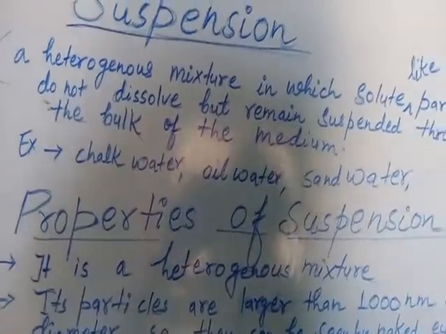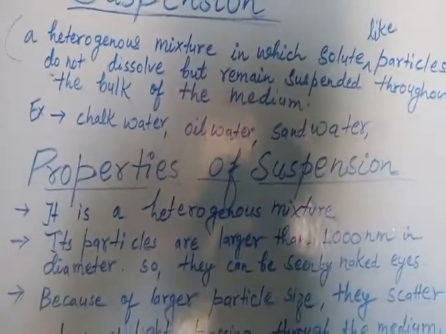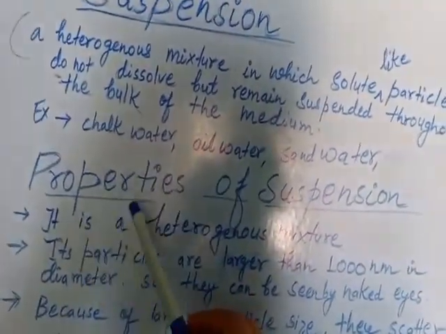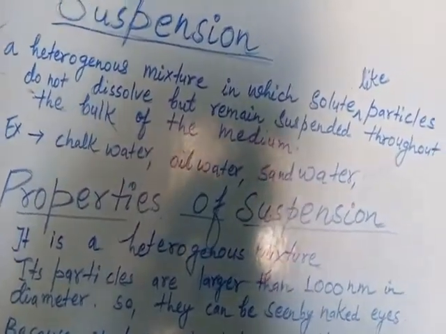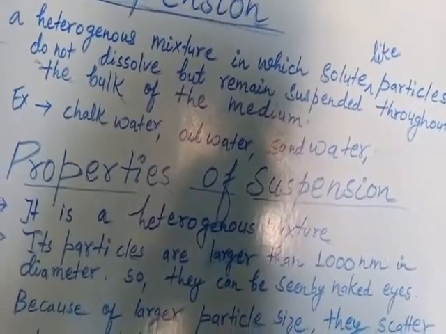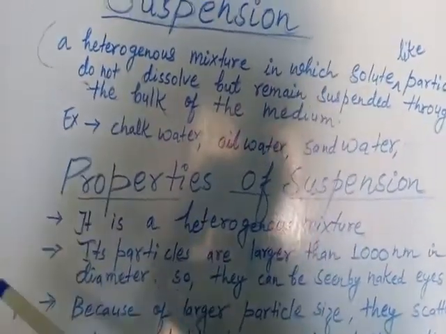Now like solution, there are different properties of suspensions also. So what are the properties of suspension? We'll see one by one. First property is it is a heterogeneous mixture in which the constituent particles are mixed non-uniformly throughout the medium, or heterogeneously throughout the medium.